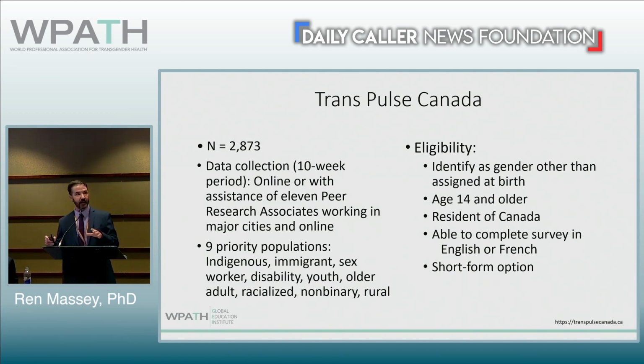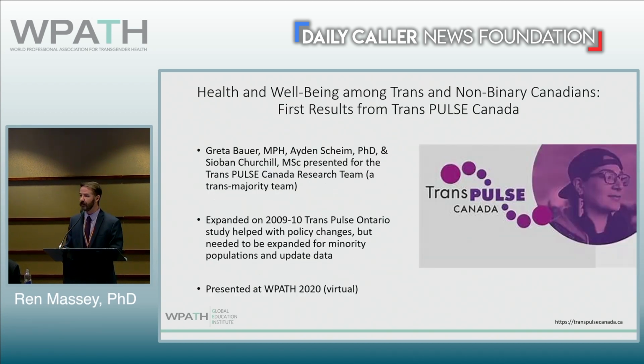And in this study, they really wanted to prioritize some populations: Indigenous folks, immigrants, sex workers, folks who identified as having a disability, youth and older folks, as well as racialized, rural, and non-binary individuals. And the eligibility was being 14 years of age or older and a resident of Canada. And they had English and French forms as well as short and long form.